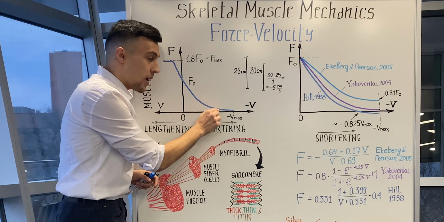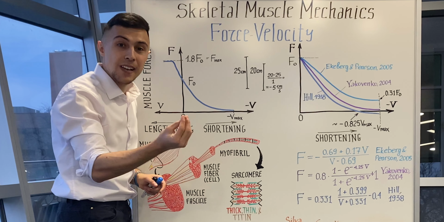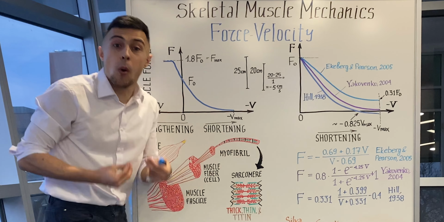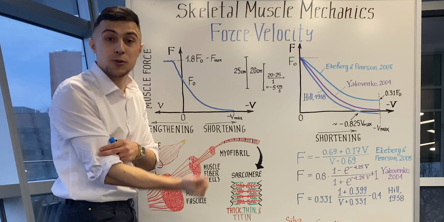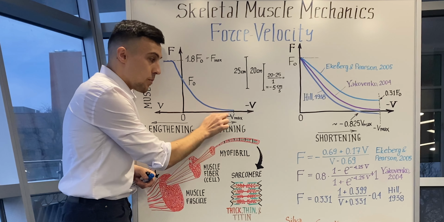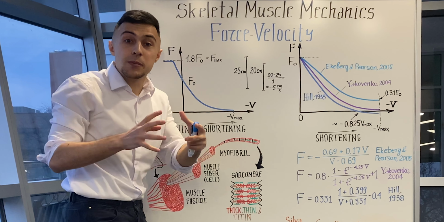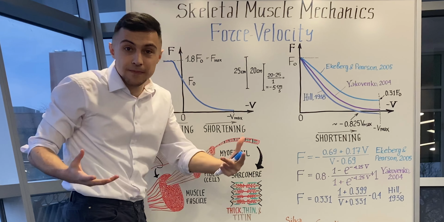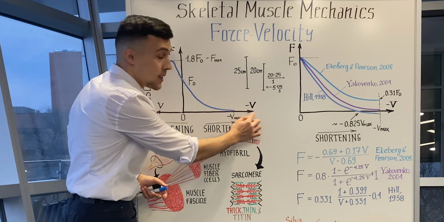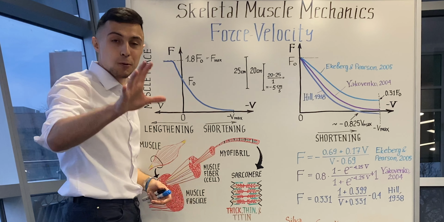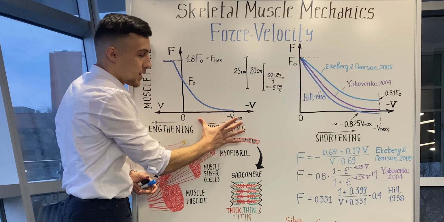With the increase of velocity, not enough cross-bridges will form, so you won't be able to produce your optimal force. Once again, if the velocity of contraction starts approaching the rate of cross-bridge formation, the cross-bridges won't be on time to form. That's why you won't be able to generate any force, and that's why we see the force is just zero.